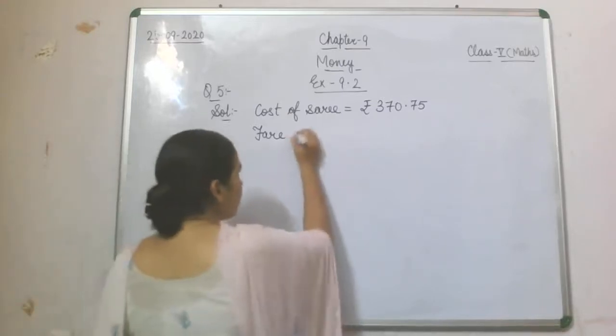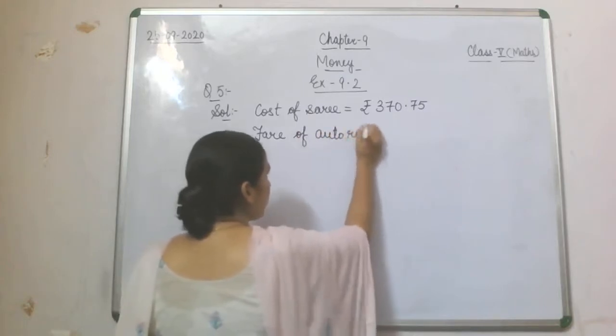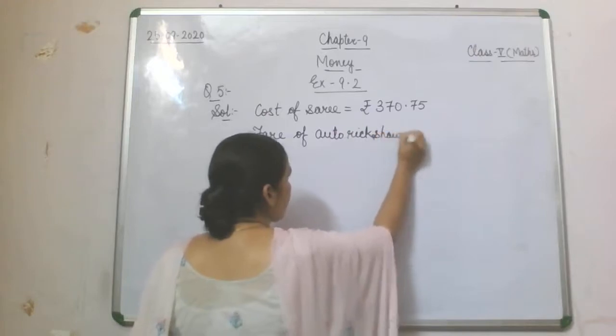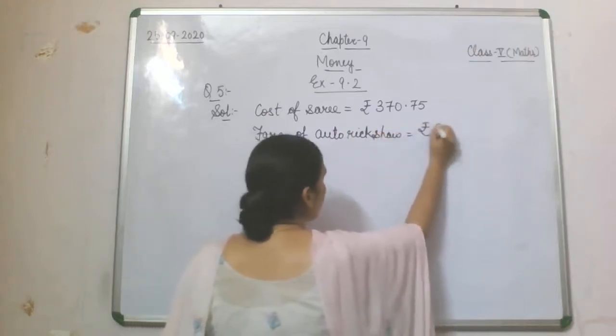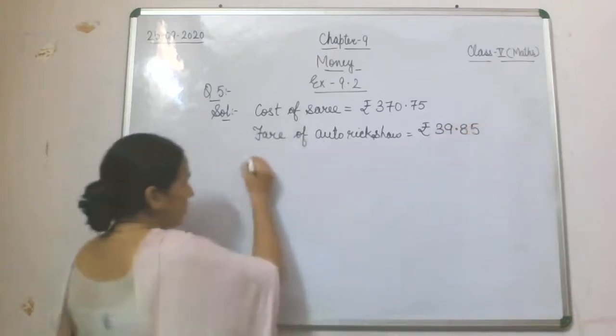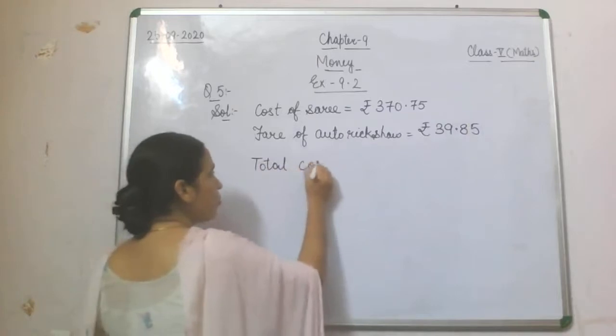Fare of auto rickshaw, that is rupees 39 and 85 paisa. Then total cost, again we are supposed to find it out.